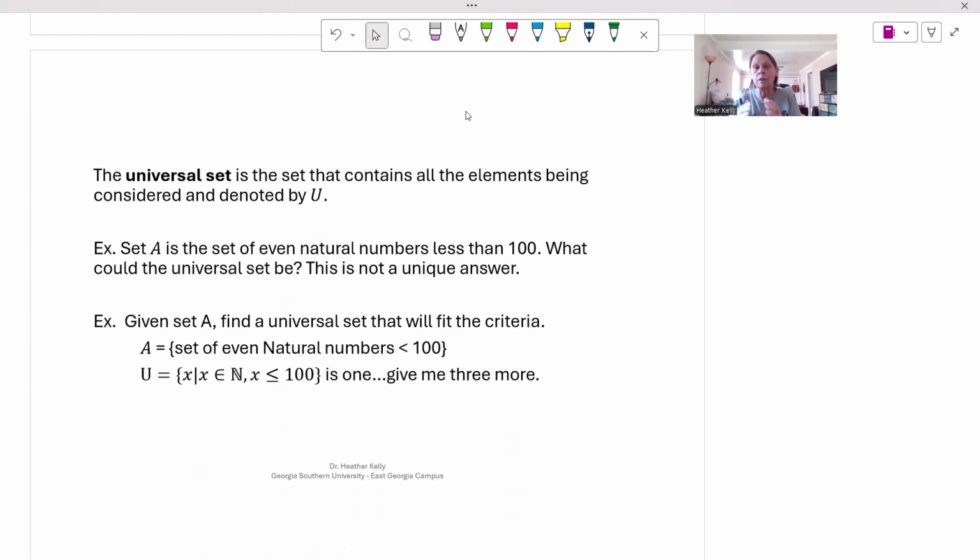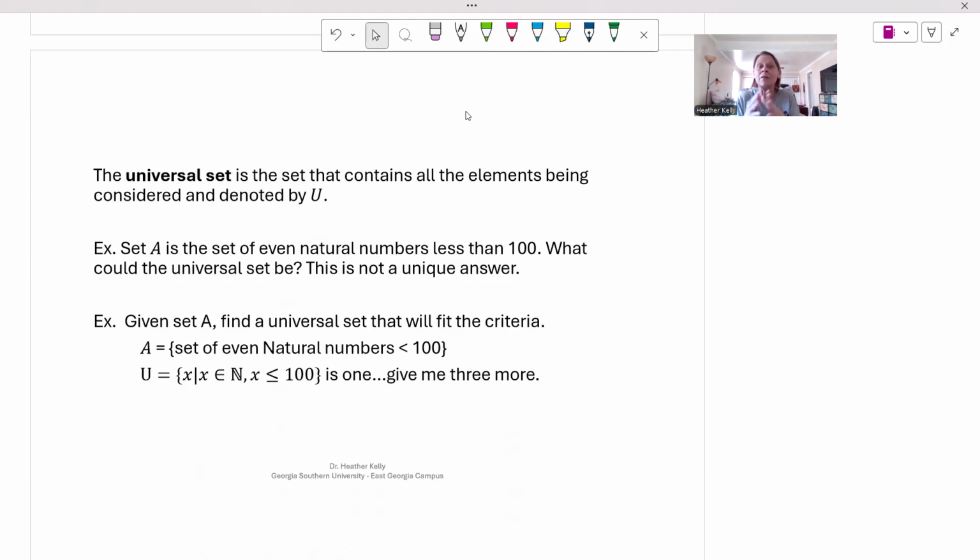So often when you're dealing with sets, there is going to be some sort of a universal set that we're dealing with inside of. That's the way to kind of manage it a little bit.